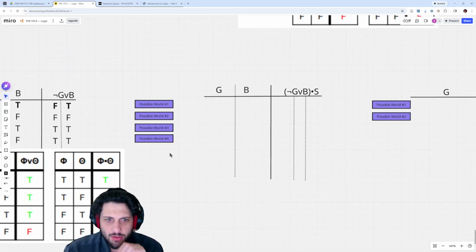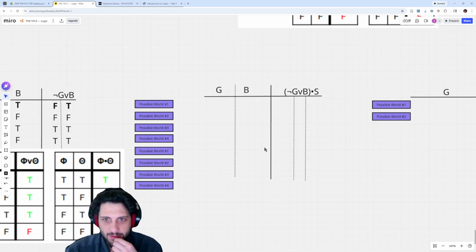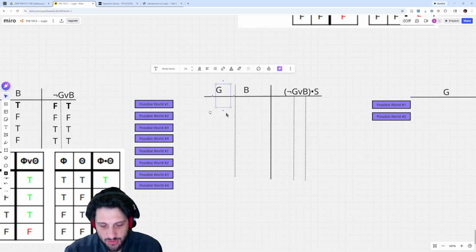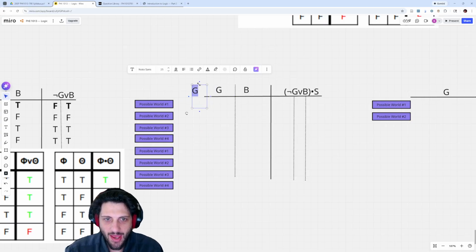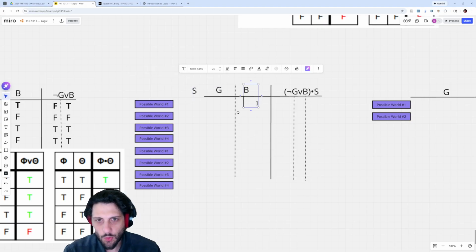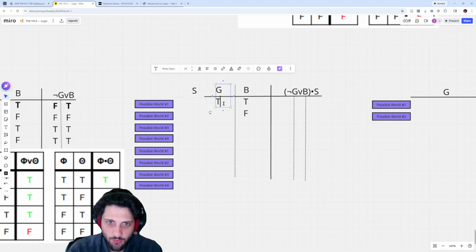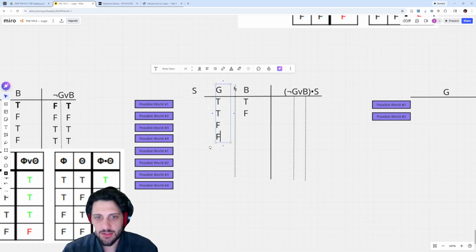Okay, so here we actually have to double the amount of worlds we're dealing with. Let's look at this. We have G, B, and also S. So we can think about the situation where B is true, but also where B is false. And both of those can happen where G is true, but both of those can also happen where G is false.